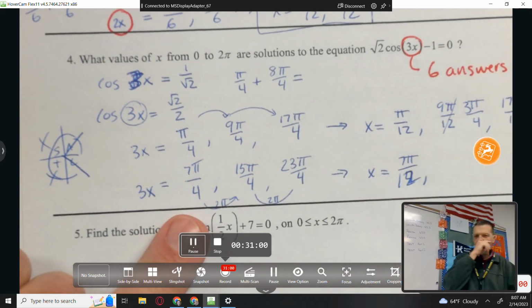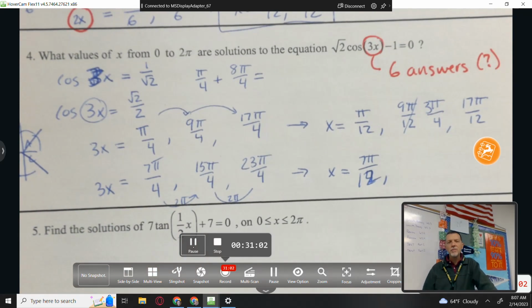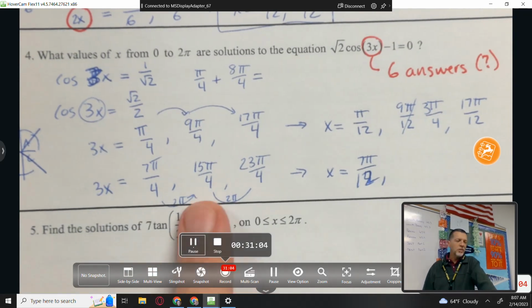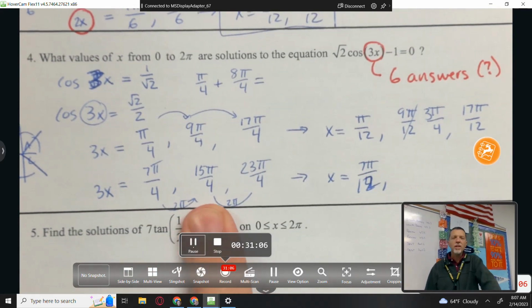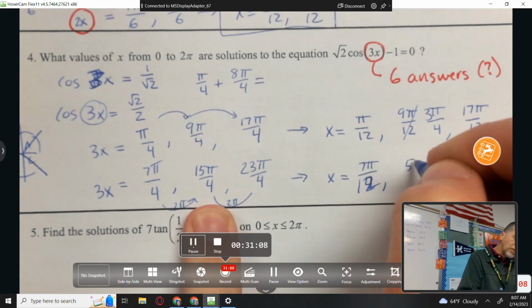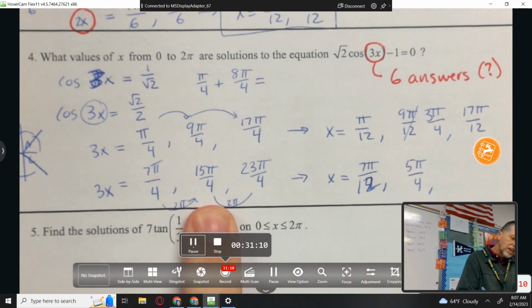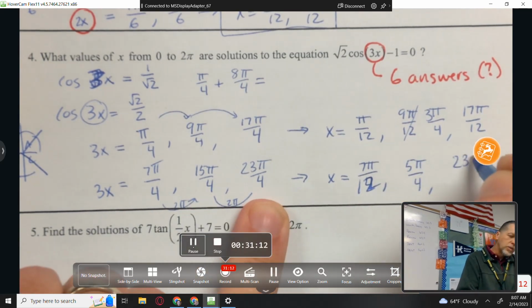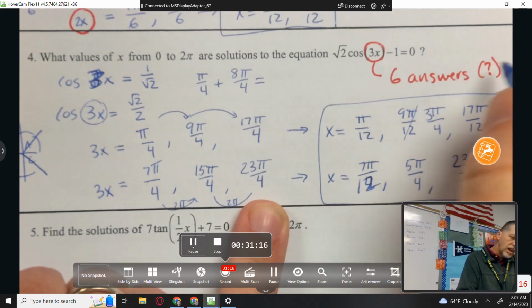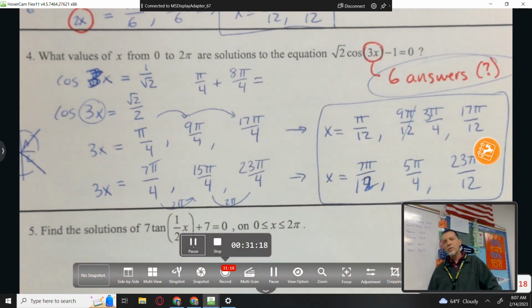I wasn't paying attention when I divided by 3. Now I'm alert to that, so if I divide 15 by 3, I get 5 pi over 4. And then 23 pi over 12. So yeah, Audrey was right 5 minutes ago when she said we'd get 6 answers. She's unwilling to accept a high five.